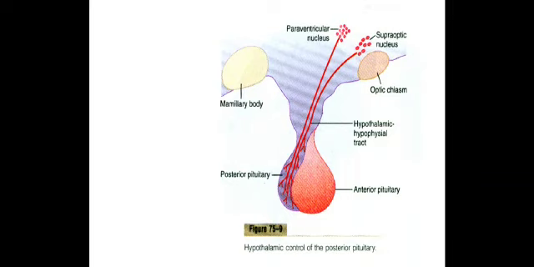Oxytocin acts on the breast by causing the milk ejection reflex, and on parturition, which is expulsion of the fetus. Both of these reflexes are neuroendocrine reflexes.